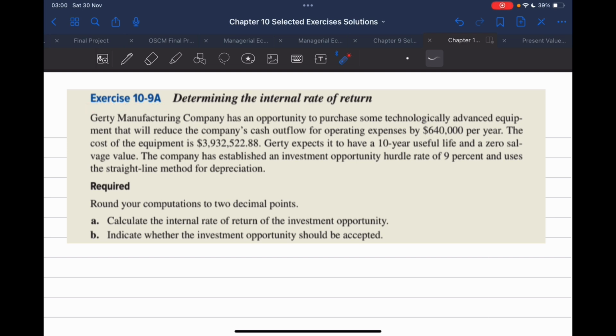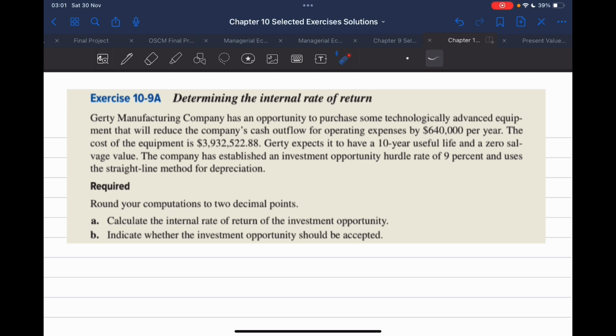It says, Gertie Manufacturing Company has an opportunity to purchase some technologically advanced equipment that will reduce the company's cash outflow for operating expenses by $640,000 per year. The cost of the equipment is $3,932,522.88. Very specific number.